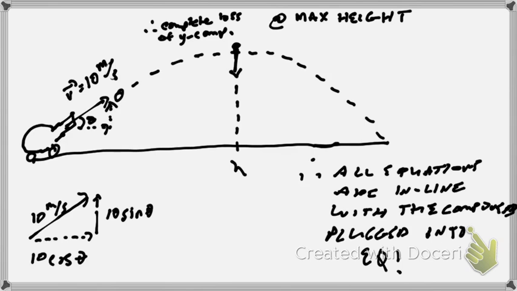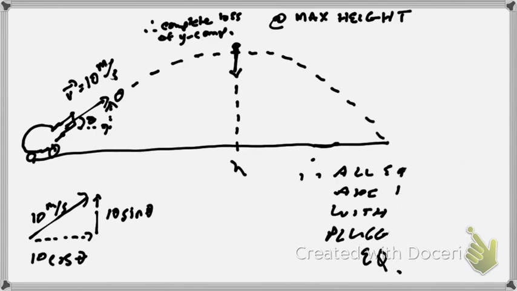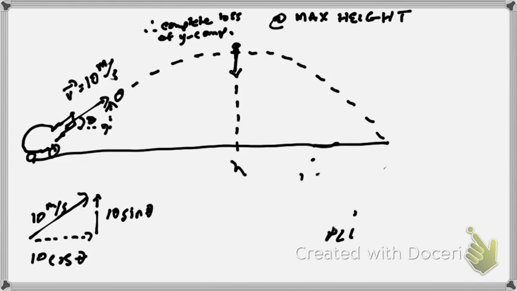All right, so let's kind of understand what I'm trying to say here. So I'm going to erase all this right here. All right. So this y component. So we can find the height, which is the max height, using this equation here.